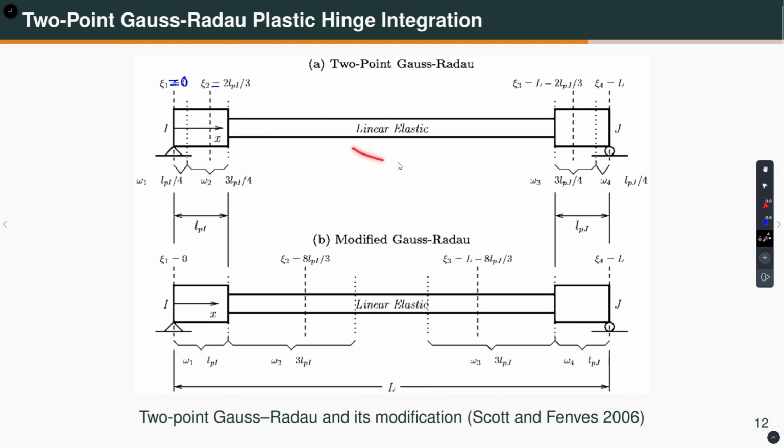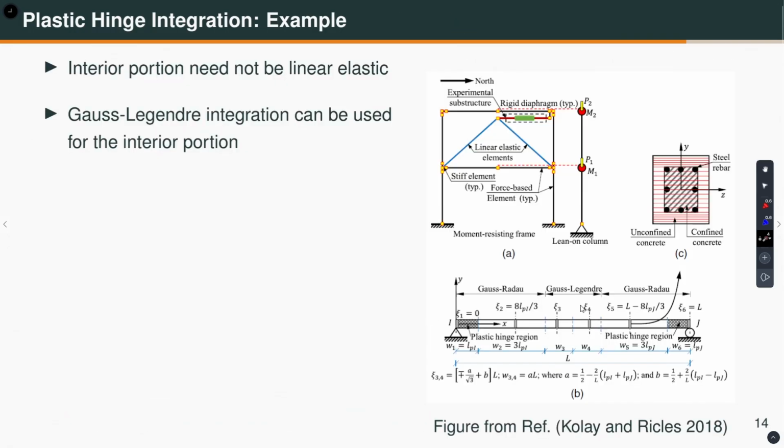So initially they said it can be linear elastic, but if you have gravity load or some other load, let us say there could be nonlinearity within the middle portion, then you can actually go ahead and use a Gauss-Legendre integration in the middle. Okay. So this is how they have implemented this in OpenSees, where at the 2 ends you have Gauss-Radau, in the middle you have Gauss-Legendre.